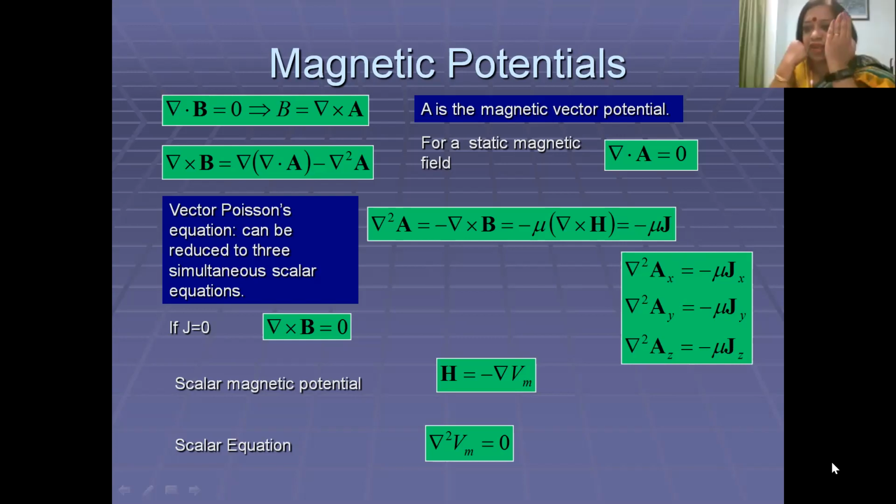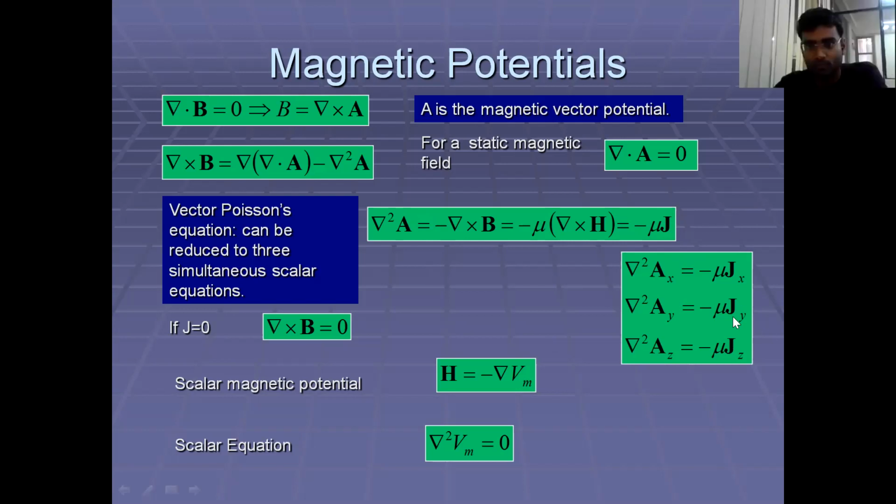It will be perpendicular to the YZ plane. So therefore, if you have a current Jx, it will give rise to a magnetic vector potential which is constrained in the X direction.